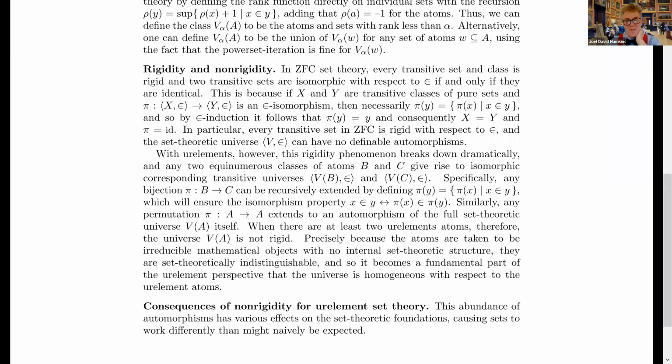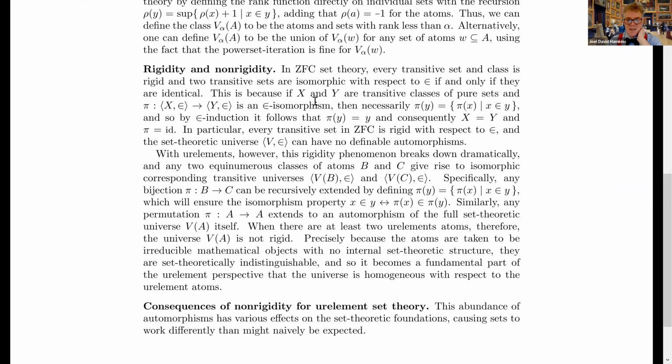Okay, so in ZFC, in ZF, transitive sets are rigid, and the whole universe is definably rigid. You can't have two transitive classes being isomorphic unless they're identical, because you can just prove by epsilon induction that the isomorphism is the identity map. That's completely fine in the ZF context.